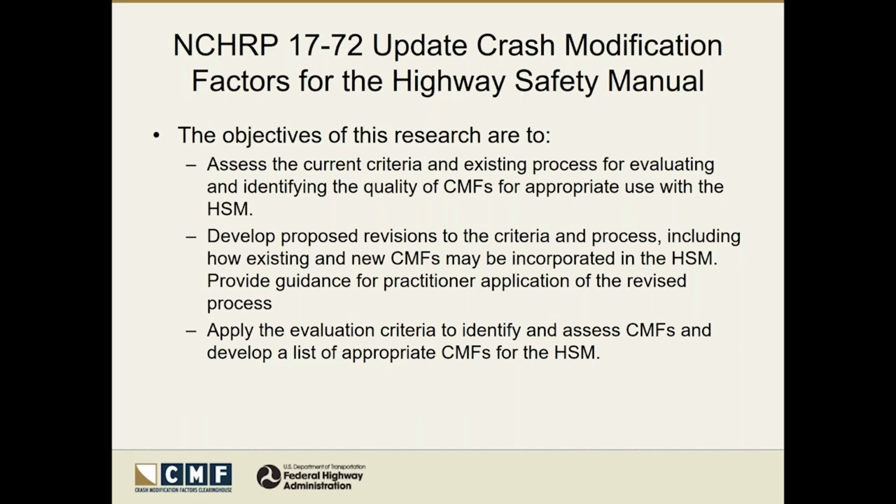And then based on that assessment, if appropriate, establish revisions and new criteria and incorporate that into the process to establish a new set of criteria to quantify the star rating. And that's in essence what occurred.